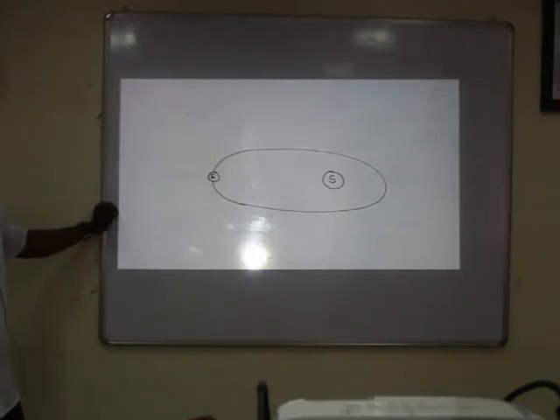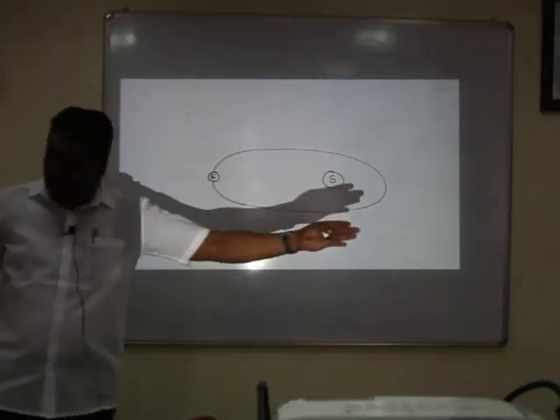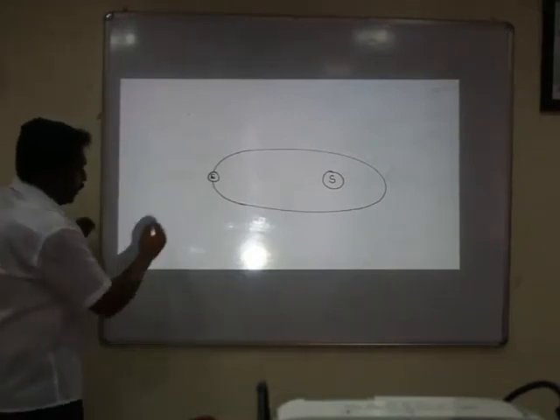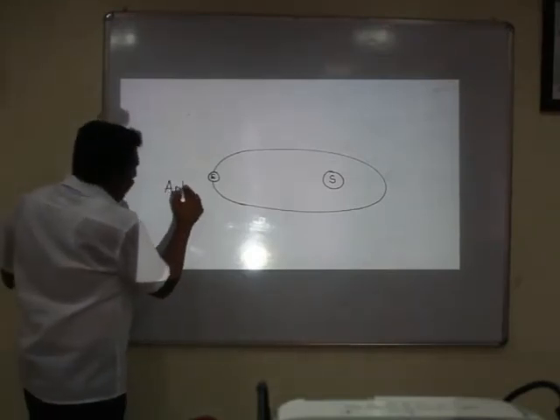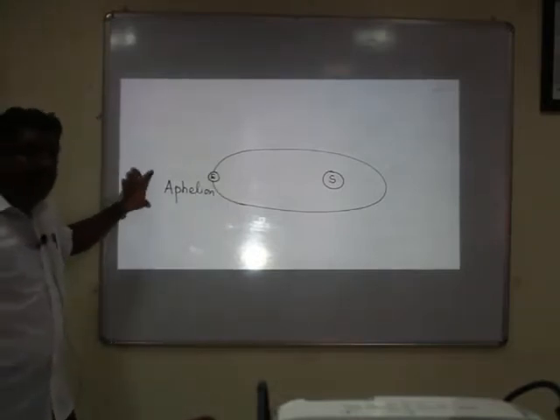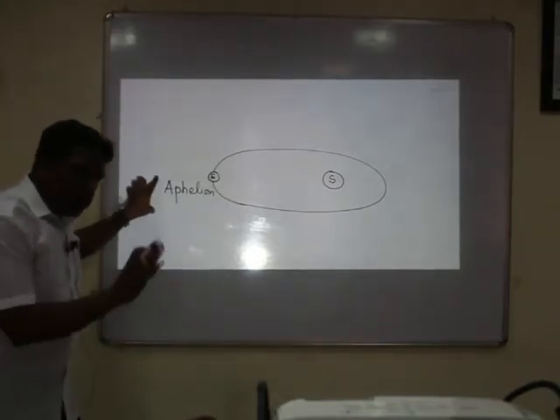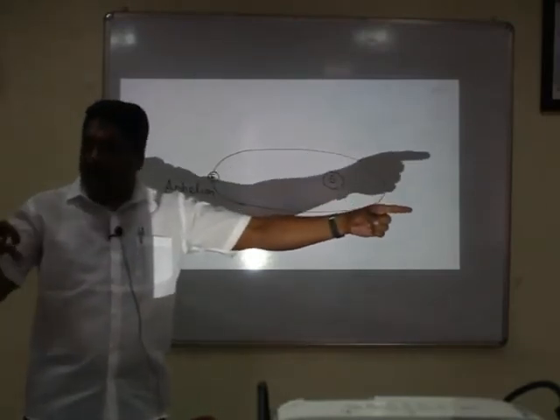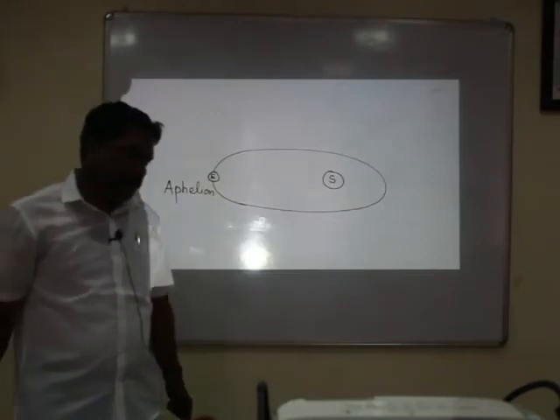Earth and sun will experience the maximum distance between them. Technically, you call that day what? Aphelion day. Or this position, we call it what? Aphelion position. So, what is aphelion? The maximum distance that Earth has with respect to sun, we call aphelion.